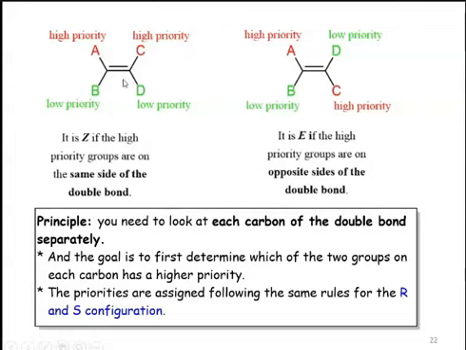Next we have to see the two groups attached to the doubly bonded carbon atoms, and which of the atoms or functional groups attached to them have high priority or low priority. The priorities are assigned following the same rule as for R and S configuration. So the priority list is not shown here. We can use the same priority list which was provided during the explanation of RS configuration.